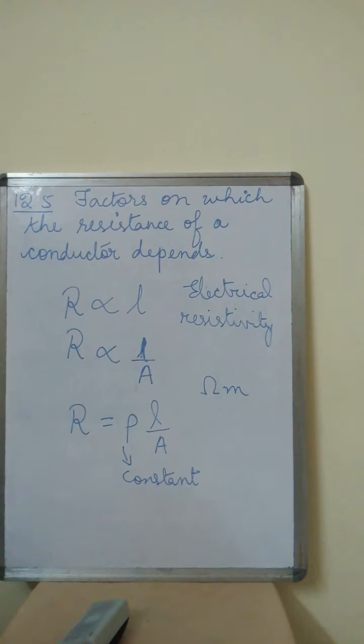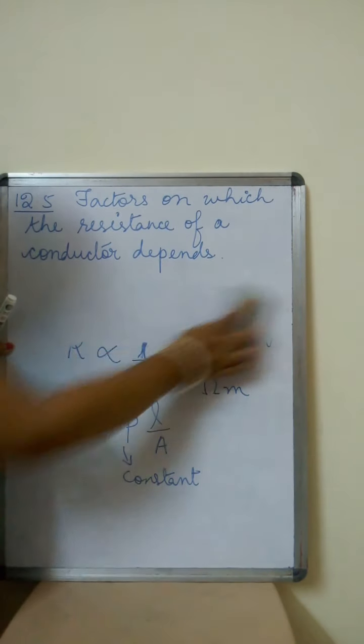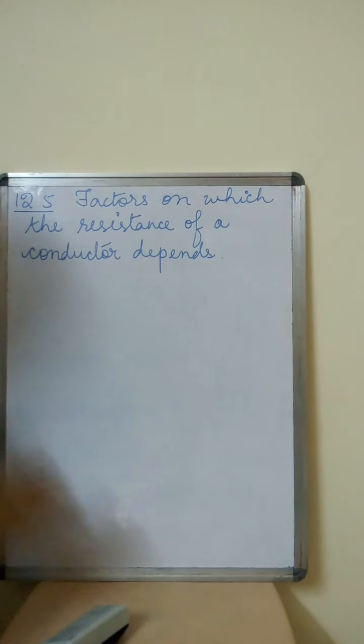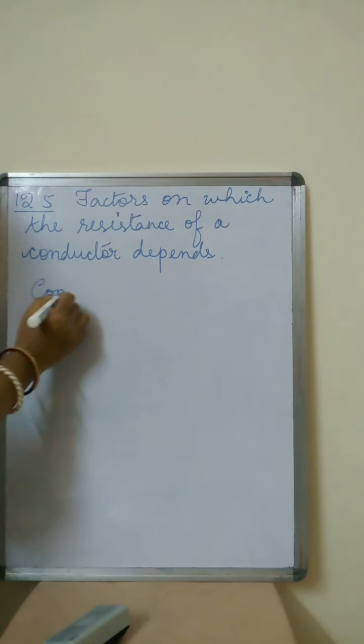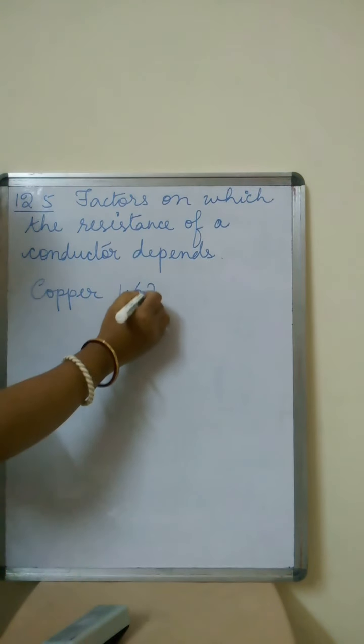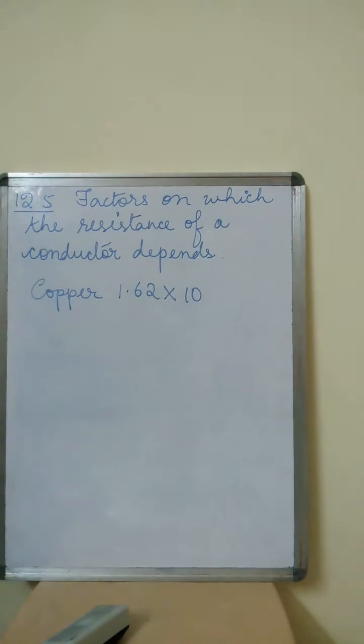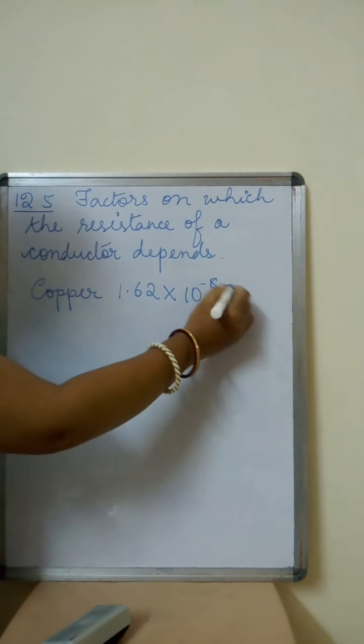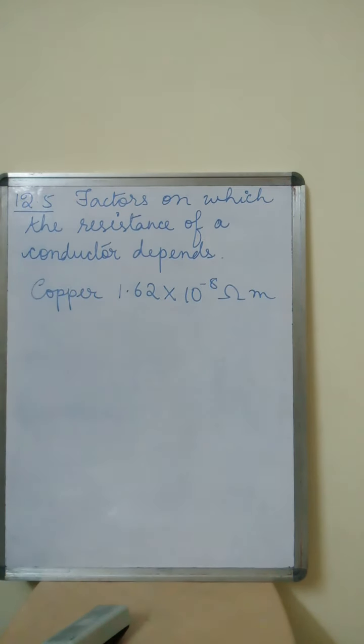Now suppose I say that the electrical resistivity of copper is 1.62 into 10 to the power minus 8 ohm meter. What do I mean by this?